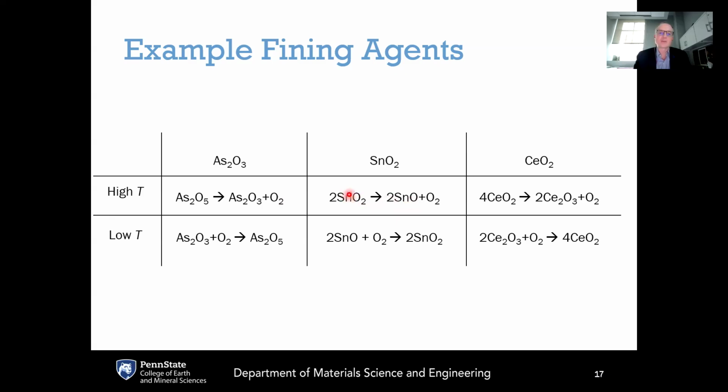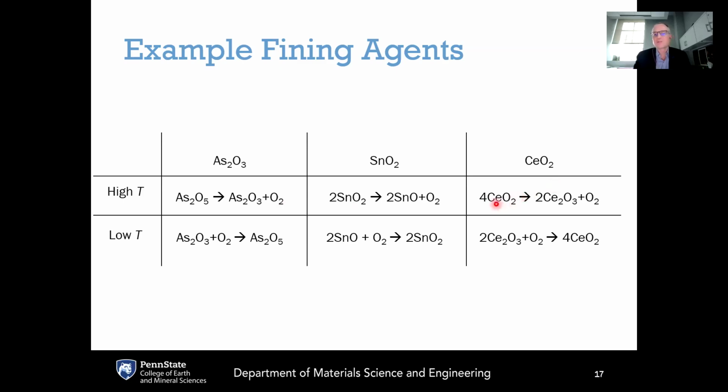So at high temperatures, the oxidized SnO2 wants to decompose into tin oxide in its reduced state, releasing oxygen gas, and then the reverse reaction is favored at low temperatures, which reabsorbs the oxygen as the SnO oxidizes to form SnO2.